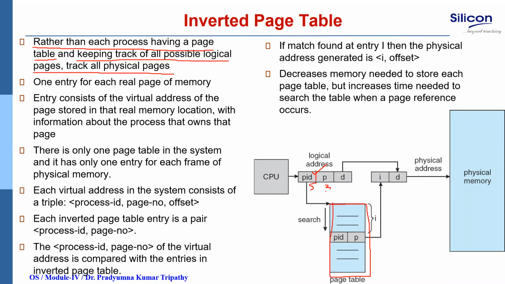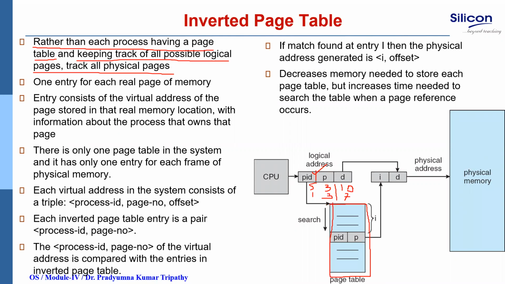So if I say process ID 5, page number 3, displacement 10, what does it mean? This is page number 3, but of which process? Of the 5th process. If I say process number 1, page number 3, I can have the same page number. These may be the same, but page number 3 for process ID 5 and page number 3 for process ID 1 can be saved inside the page table.